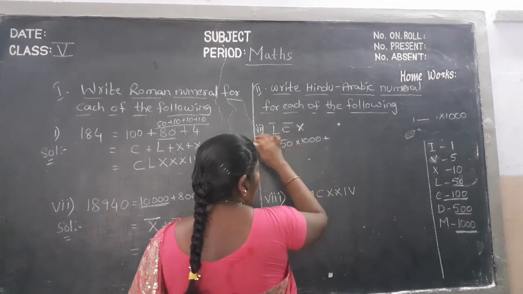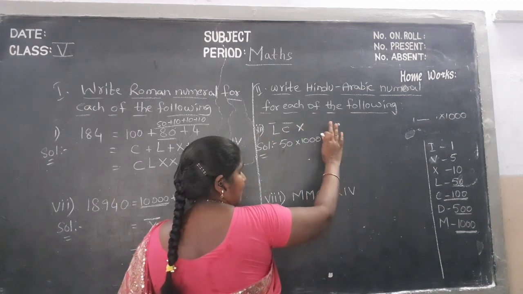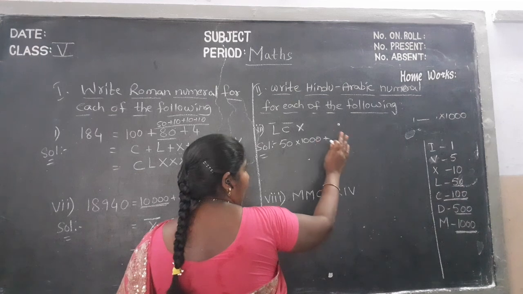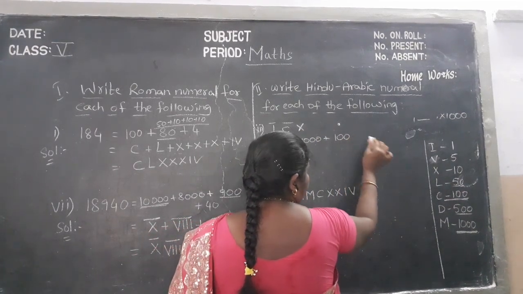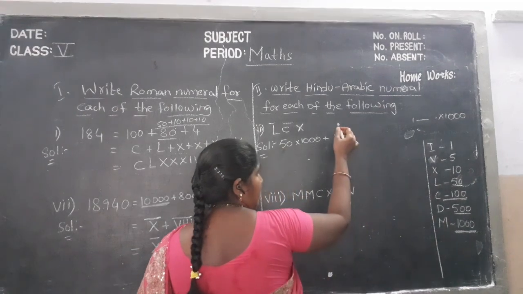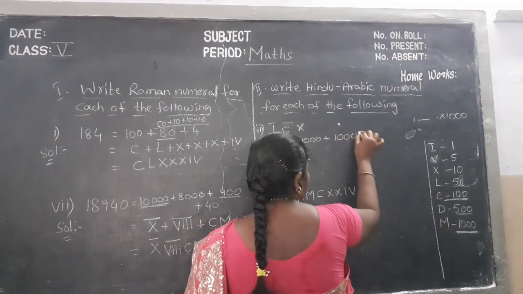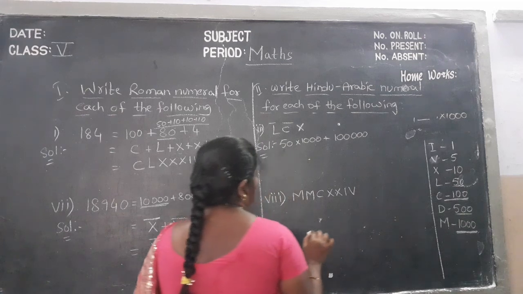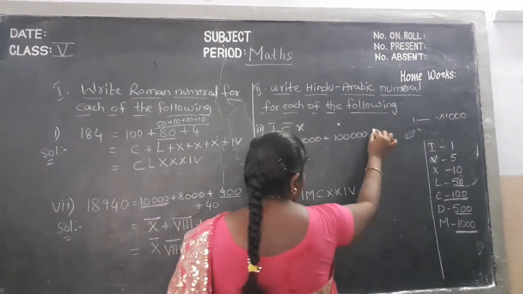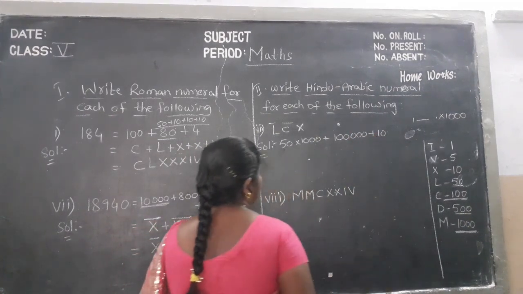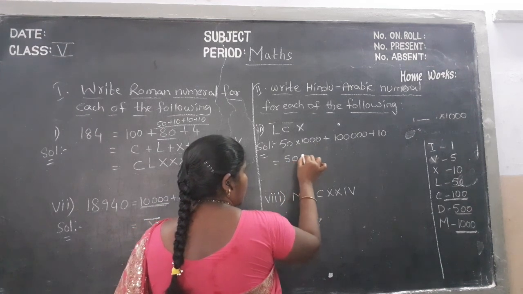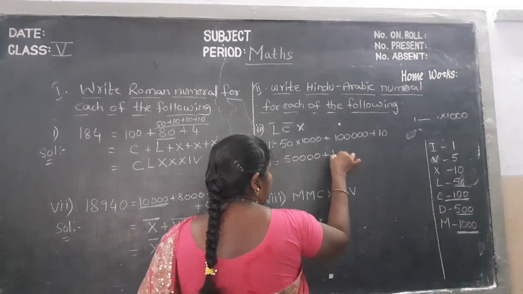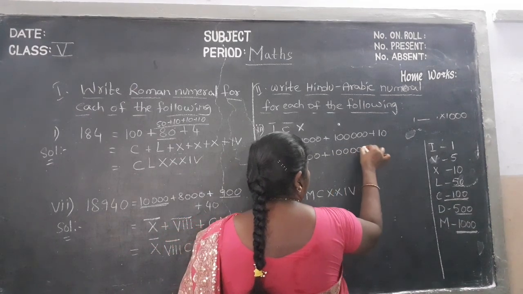And next one, we have all the numbers on the right side only, children. That's why we want to add here. C bar. C means 100, and we should multiply by 1000, so 100,000. And next one is plus 10. So what is the answer, children? 50 into 1000, 50,000, plus 100,000, plus 10.